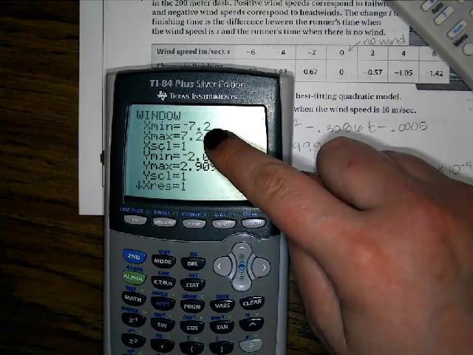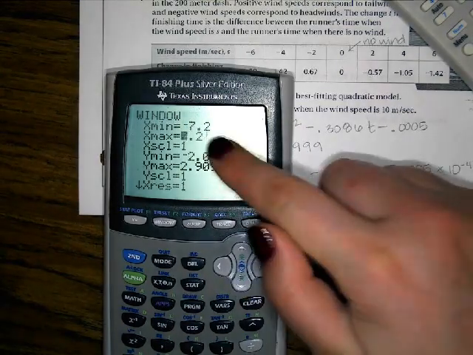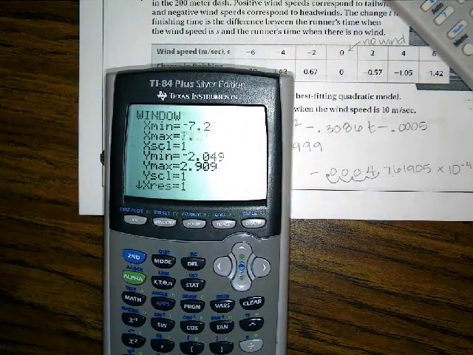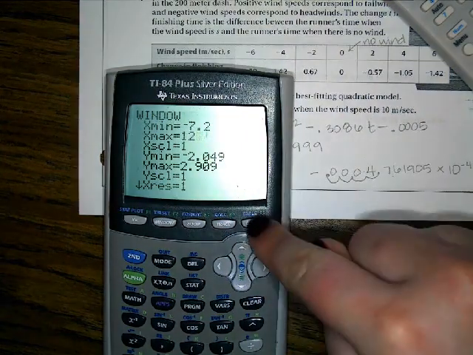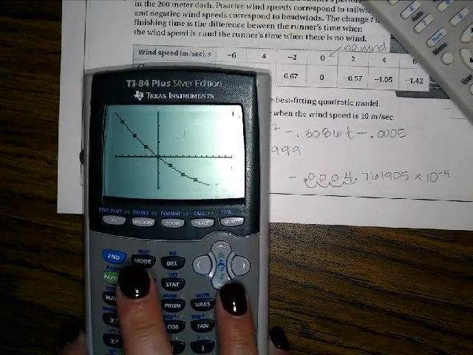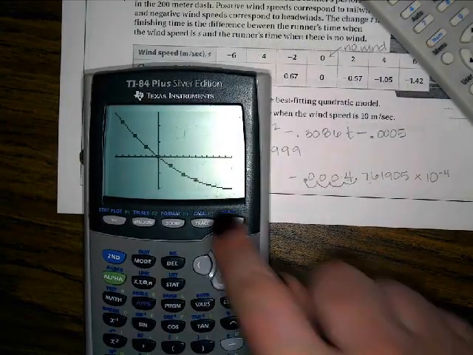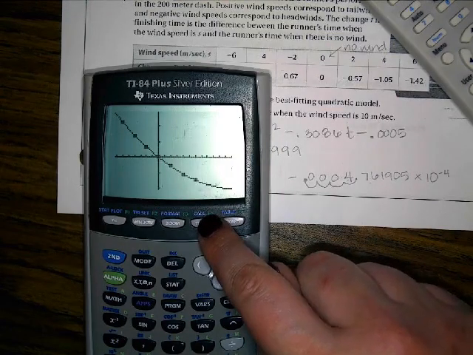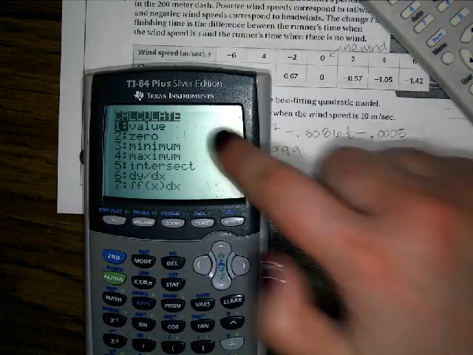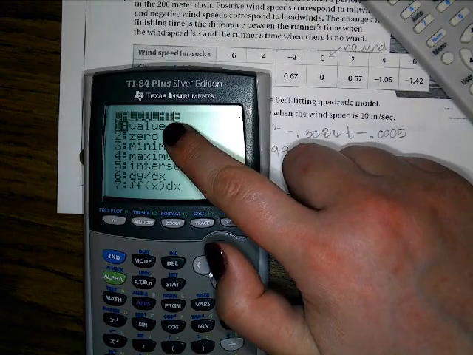So if I wanted to plug in something bigger, I just need to make this window a little bit bigger. If I turn this into 12, I can hit graph again. And now I could use the calculator to calculate some bigger values for me. If I hit second calculate, then option number 1 lets the calculator do some values for me.